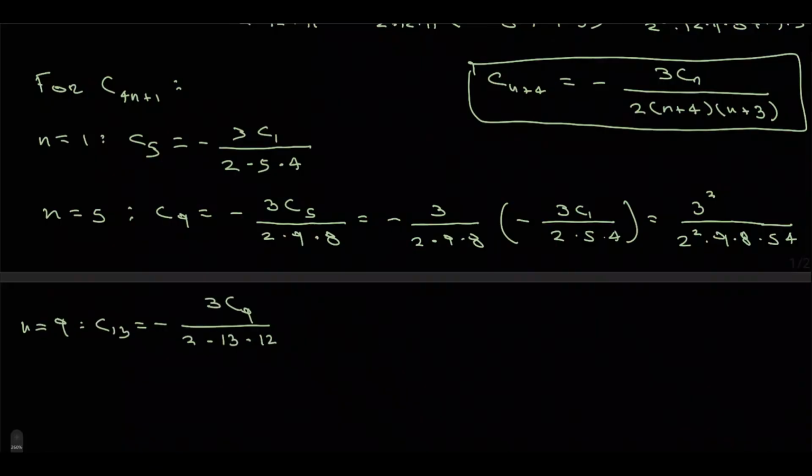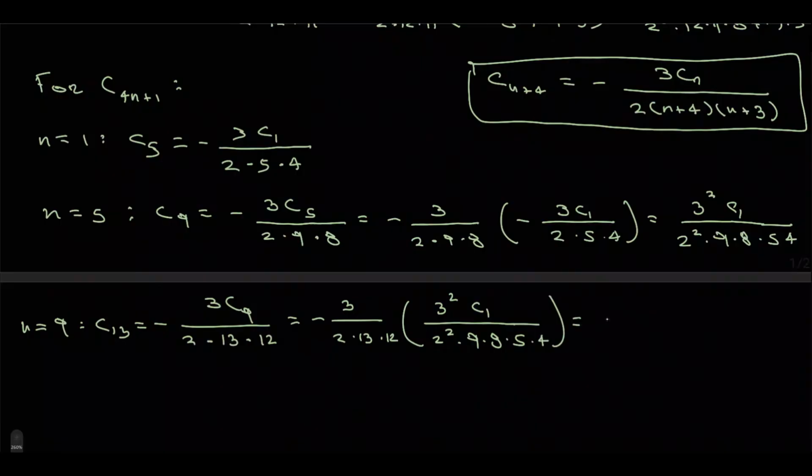Okay, and this is equal to, because you might want to write c sub 9 in terms of c sub 1 as from before. Okay, so that is negative 3 over 2 times 13 times 12 times 3 squared c sub 1 divided by 2 squared times 9 times 8 times 5 times 4.